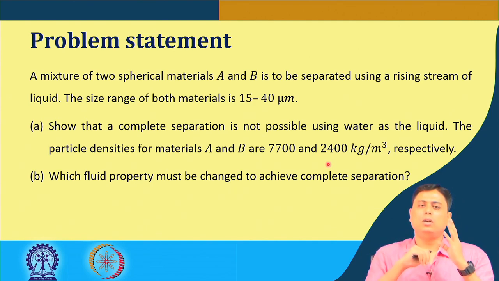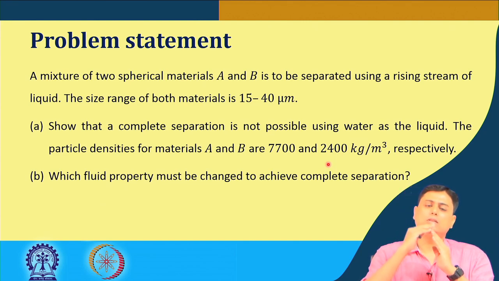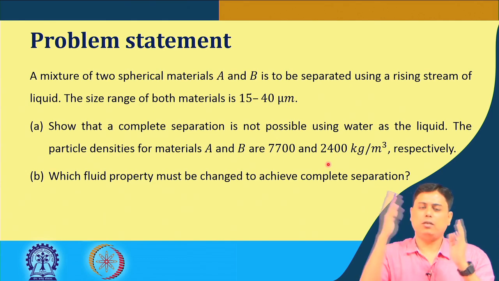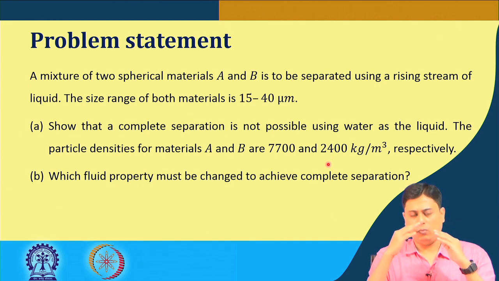So if the terminal velocity of the particle is lower than this rising liquid, then what will happen? This liquid will carry these particles away. If that is higher, then this relative velocity will try to settle the particle.